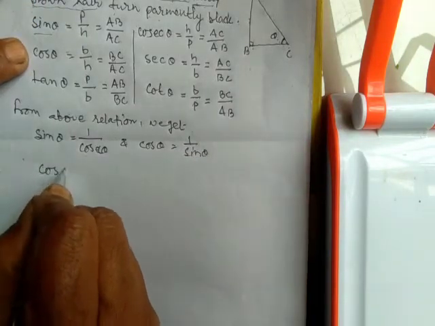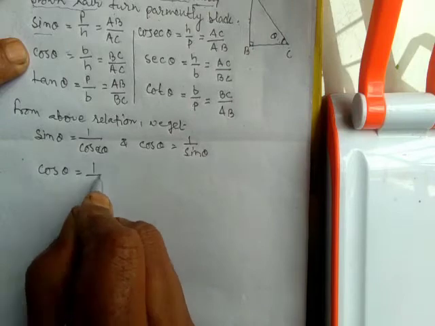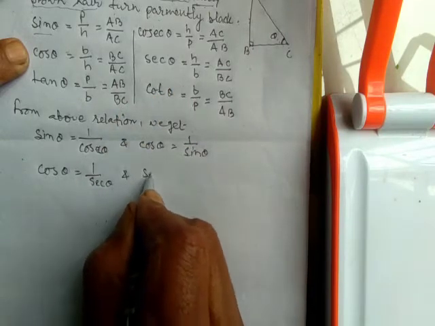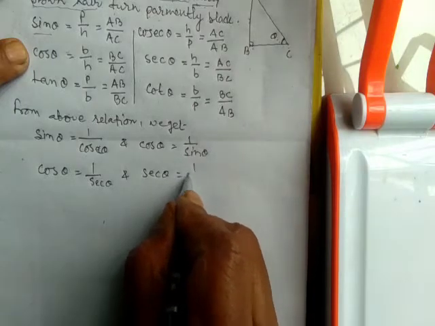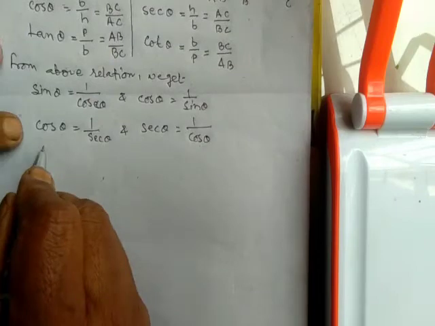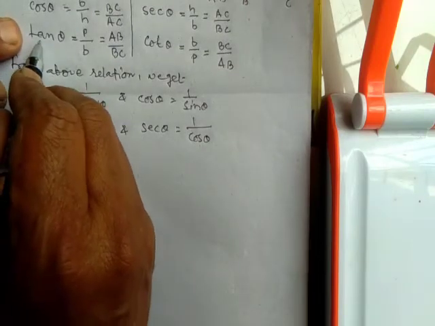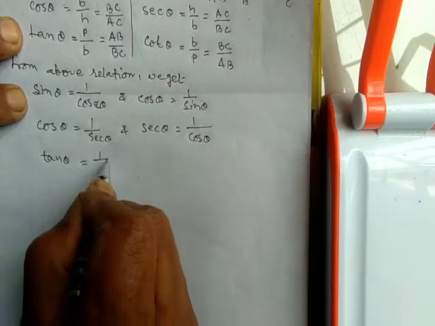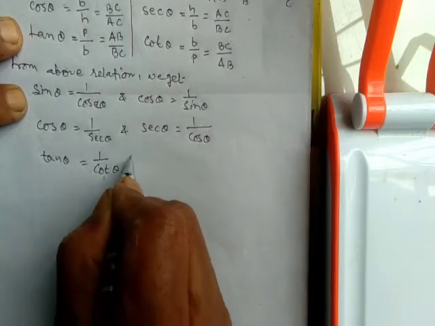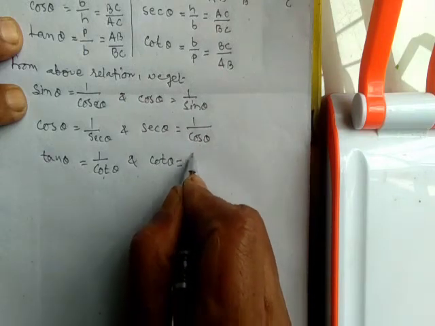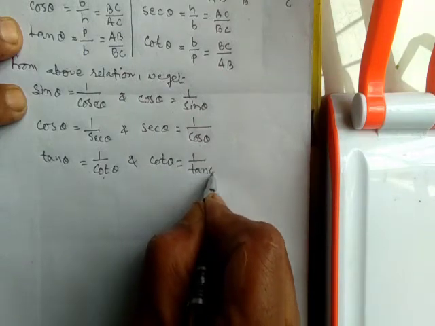Cos theta is equal to 1 by sec theta, and sec theta is equal to 1 by cos theta. Next, tan theta is equal to 1 by cot theta, and cot theta is equal to 1 by tan theta.